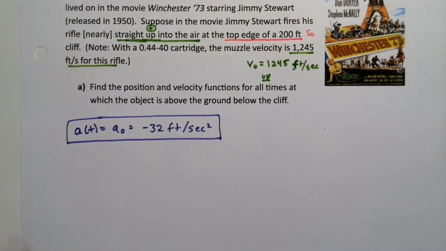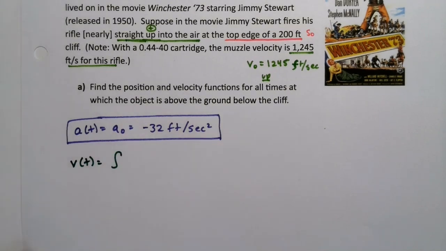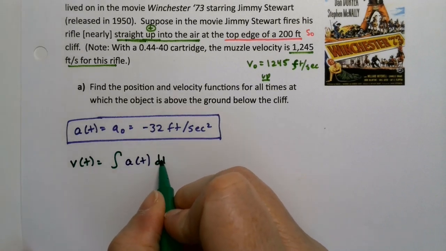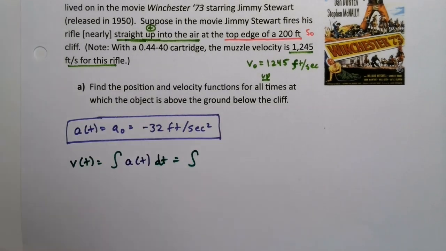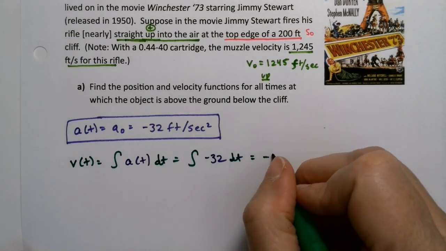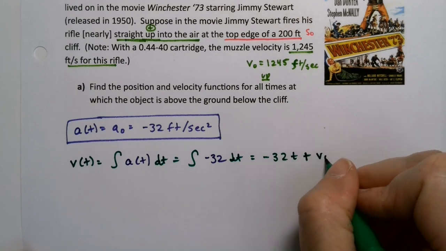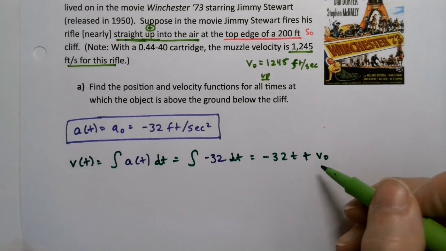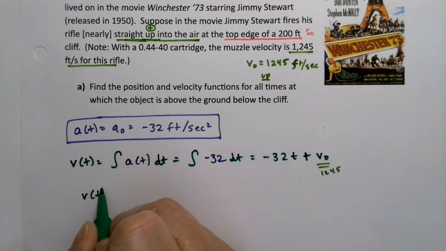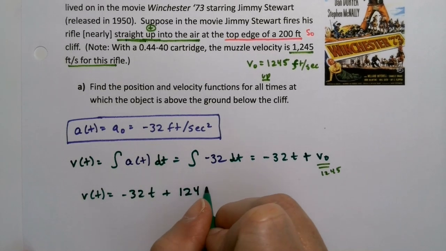All right, so then velocity, I know they gave us the formula up above, but I'll just remind us that velocity is the integral of acceleration with respect to time. So that would be the integral of negative 32 with respect to time, which would be negative 32t plus our v0. But our v0 was given to us as 1245. So that means that v of t is equal to negative 32t plus 1245.